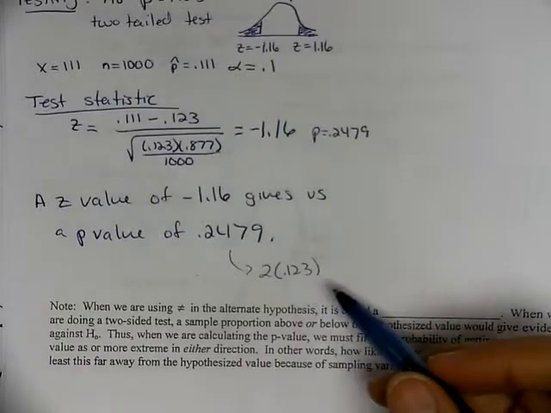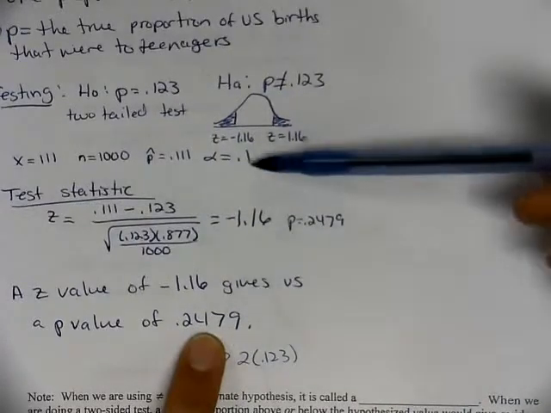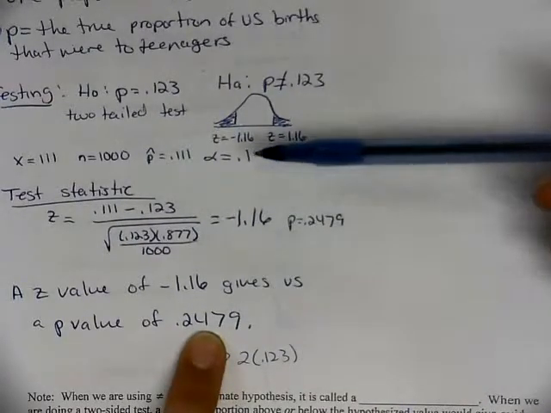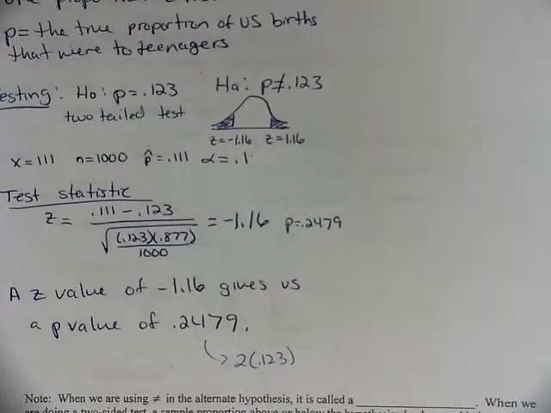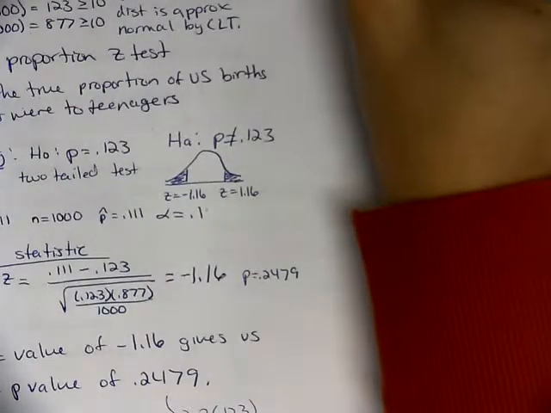Okay. So our conclusion. Is this greater than or less than 0.1? Greater. So that means we fail to reject. So I'm giving you one of each kind of conclusion. So our conclusion.